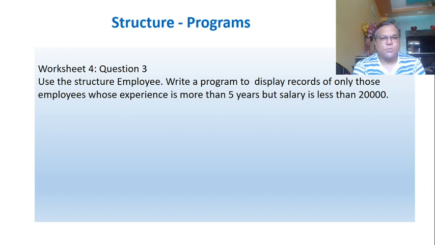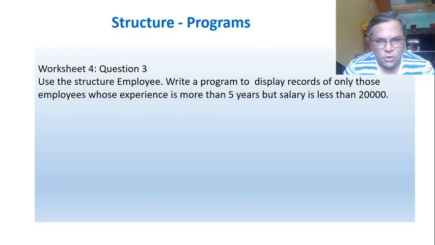You have to make use of this structure, and then write a program to display records of only those employees whose experience is more than 5 years, but whose salary is less than 20,000. I hope you all will be able to solve this program.